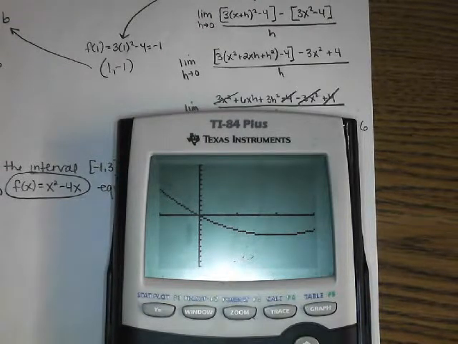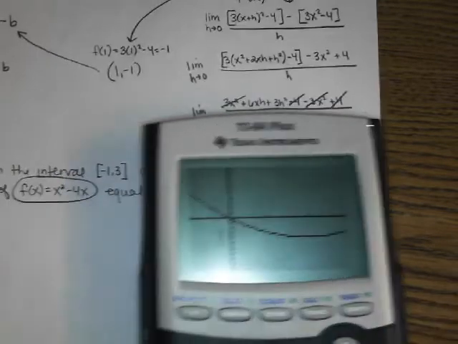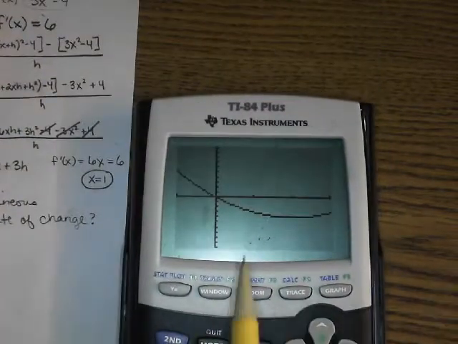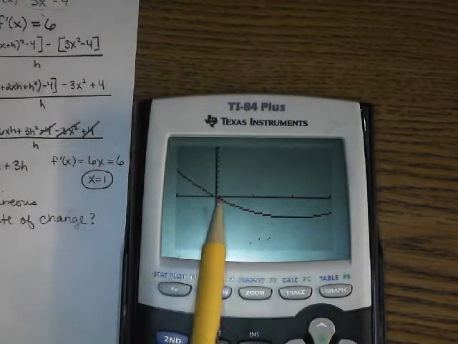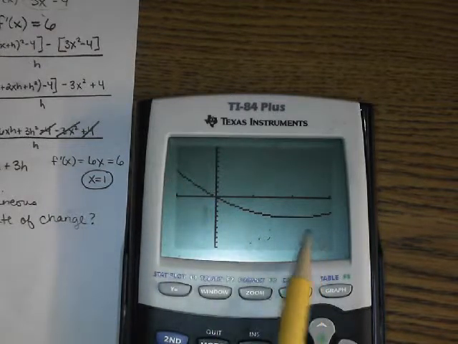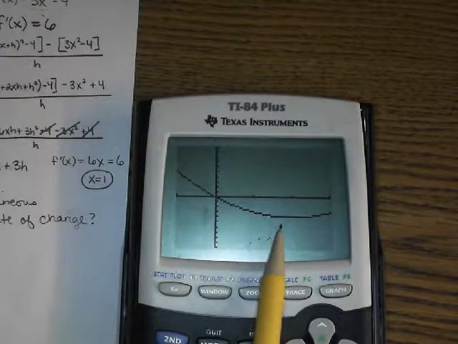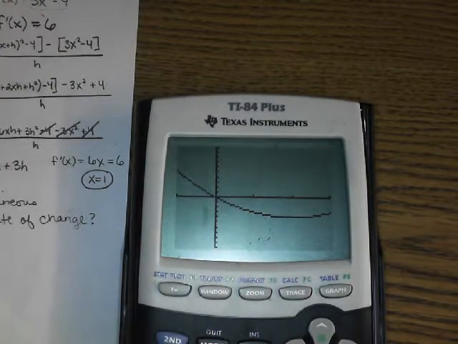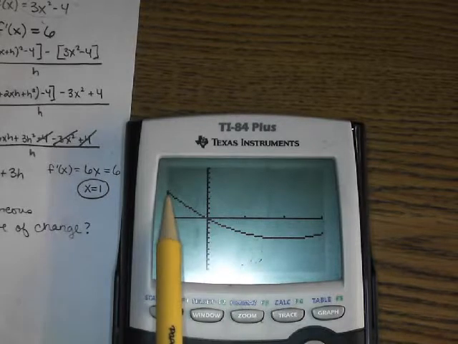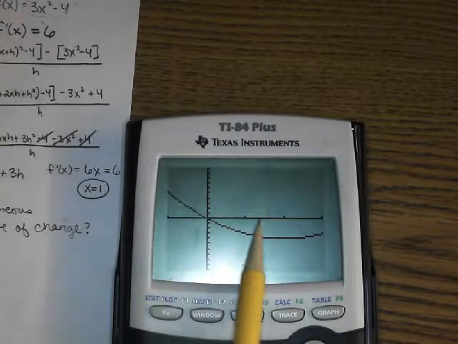They want to know for what value of x in this range does the instantaneous rate of change equal the average rate of change? The instantaneous rate of change is the slope of the curve at any given point. You can see the average rate of change from start to finish.